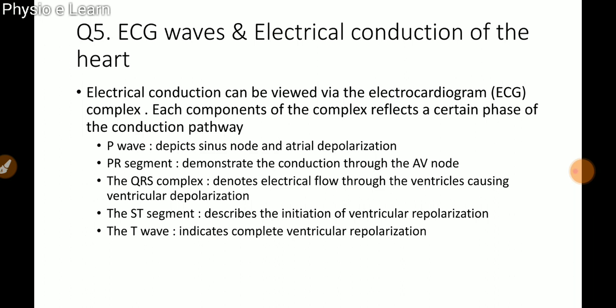PR segment demonstrates the conduction through the AV node. The QRS complex denotes the electrical flow through the ventricles causing ventricular depolarization. ST segment describes the initiation of the ventricular repolarization, and the T wave indicates complete ventricular repolarization.